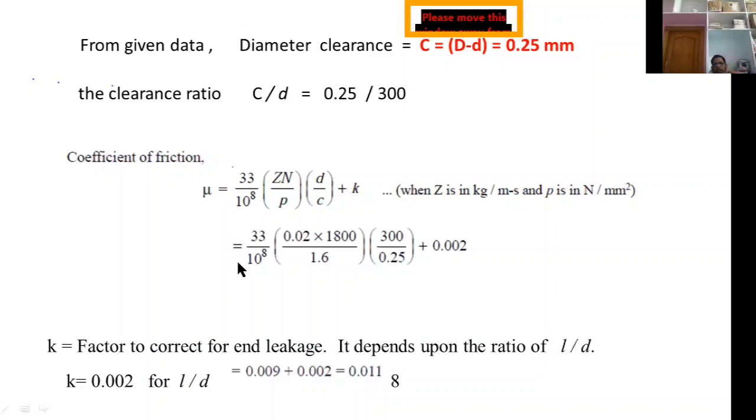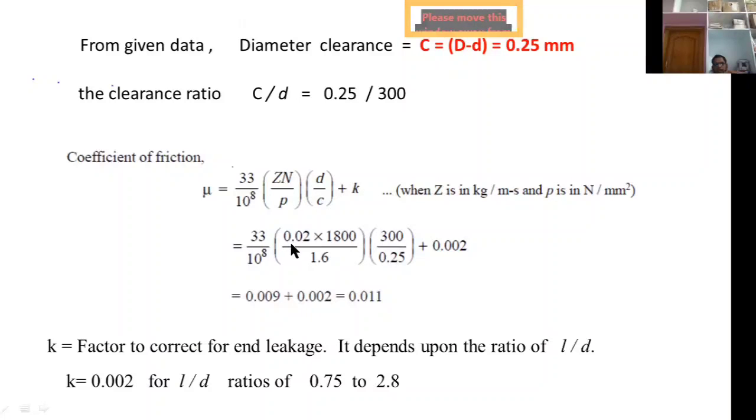So finally the value of the coefficient of friction equals 33 by 10 power 8, Z equal to 0.02 into N equal to 1800 and P equal to 1.6. These three values are already given in the question, and the D by C ratio is the reciprocal of this value, that is 300 by 0.25 plus 0.002.